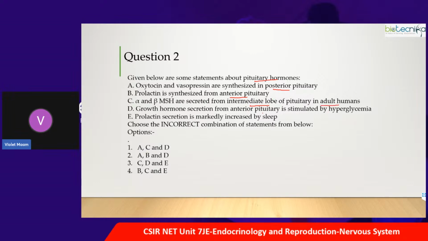D. Growth hormone secretion from anterior pituitary is stimulated by hyperglycemia. E. Prolactin secretion is markedly increased by sleep. Choose the incorrect combination of statements from below. So remember, you have to select the incorrect statements over here. Try and tell me what should be the answer for this particular question.